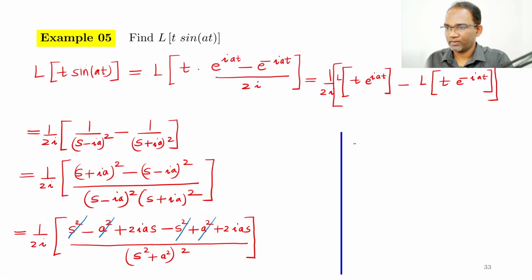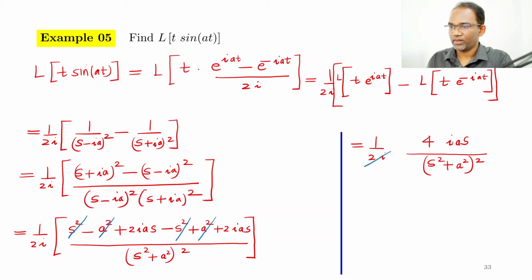And then we have 1 over 2i, then 4ias over (s square plus a square) the whole square. The 2i and 4i get cancelled. And we finally have 2as over (s square plus a square) the whole square, which is the required result.